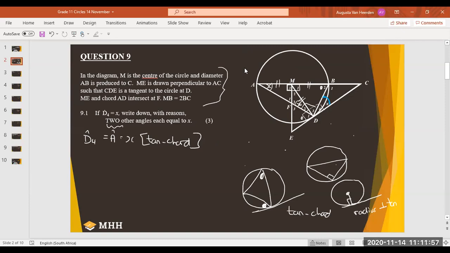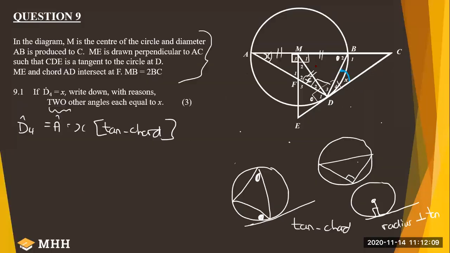Can you see it's now easier to see that angle A will be equal to angle D2 if you did what I did, if you drew those sides that are equal. If you didn't draw it, then it's not that easy to see. So we can say angle A is equal to angle D2, equal to X, angles opposite equal sides.